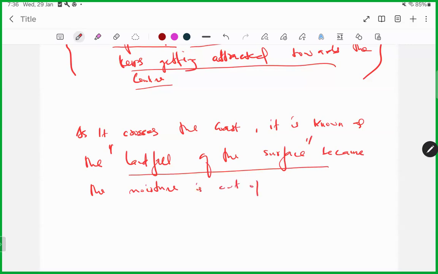All right, so sometimes a question may also be asked, what is a landfall of the surface?